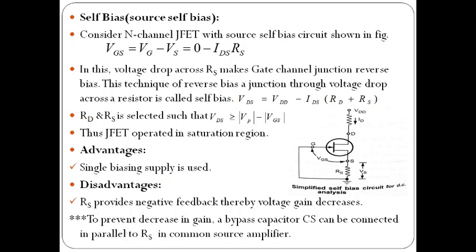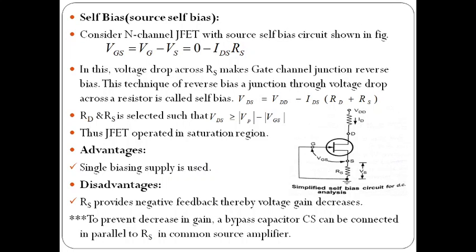Why? Because the source is P type material and the gate is P type material. So when the voltage drop across the source resistor is more, the gate channel junction becomes reverse biased. We are not applying any external bias voltage between the gate and source.